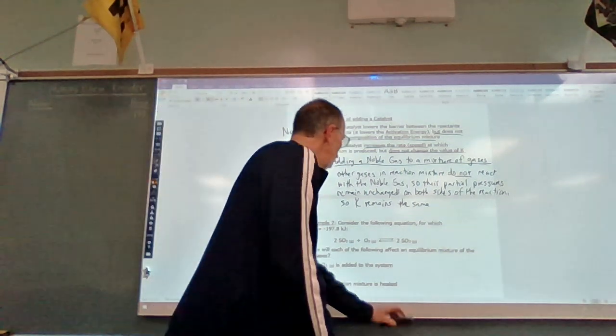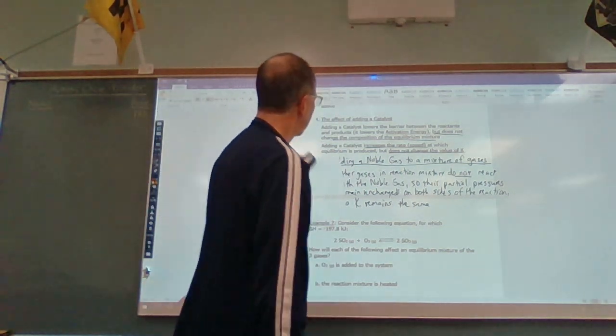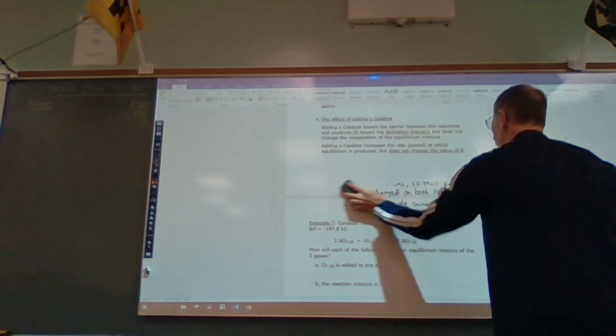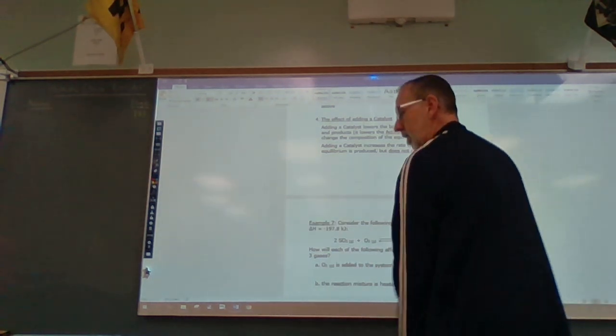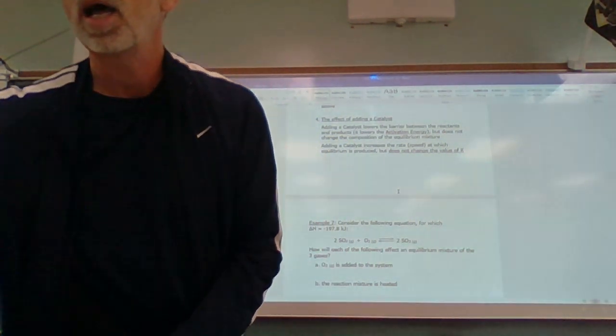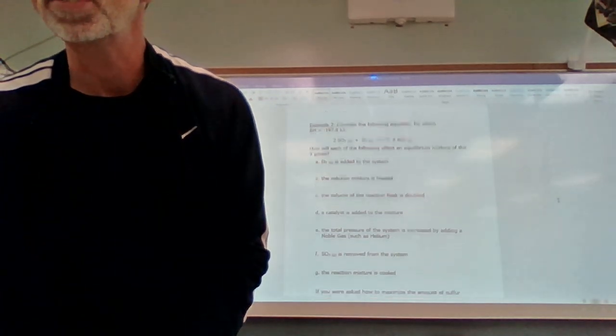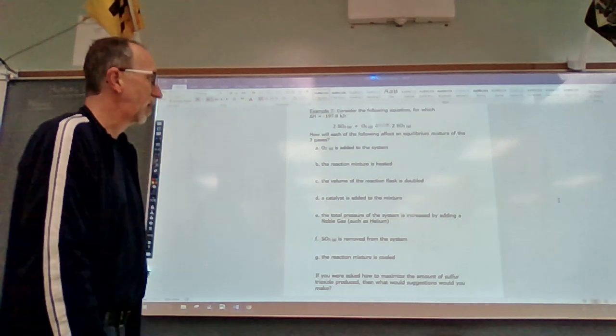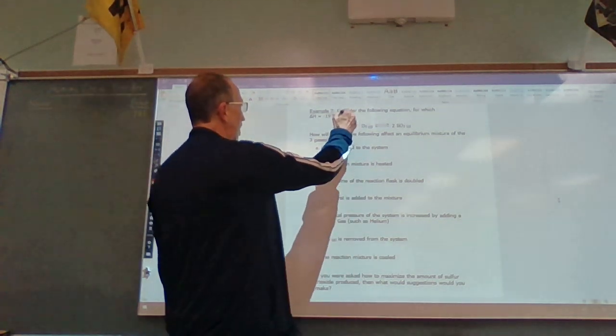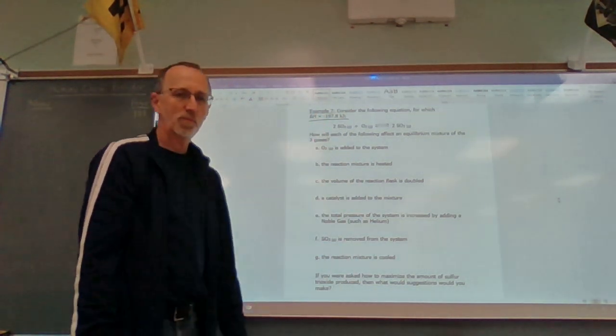All right, so let's look at an example and summarize how Le Chatelier's principle works here. Okay? Consider the following equation for which delta H equals negative 197.8 kilojoules.